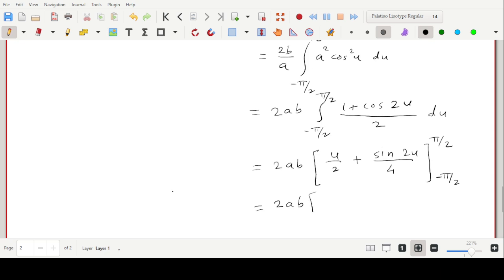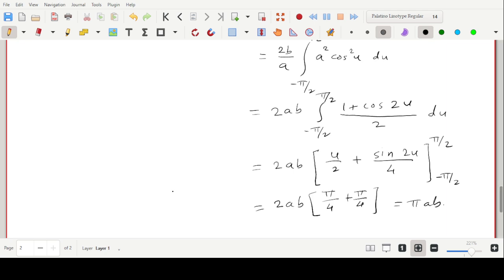2 times ab, only this u over 2 will show some effect. So pi over 2 divided by 2 is pi over 4, minus negative pi over 4, so plus pi over 4. So pi over 2 cancels out, and this becomes pi ab.